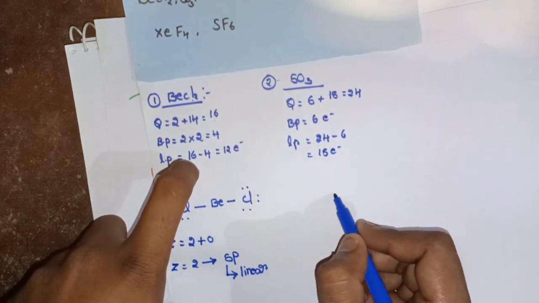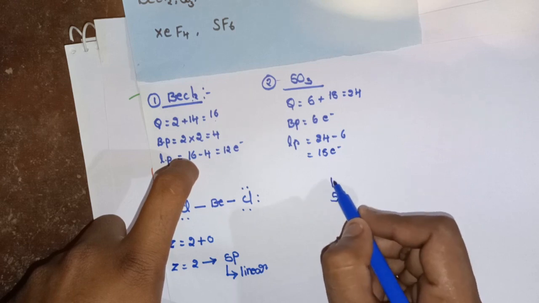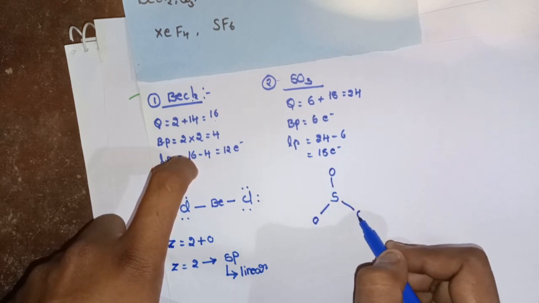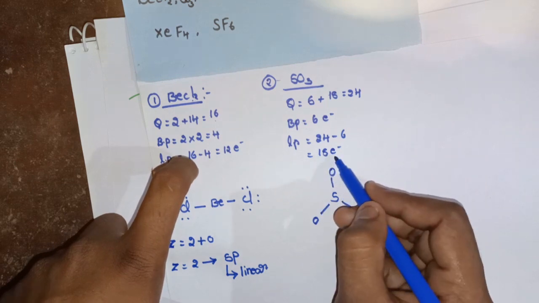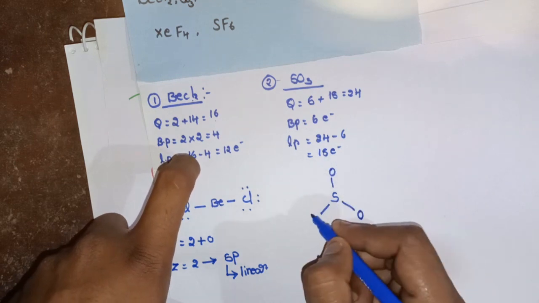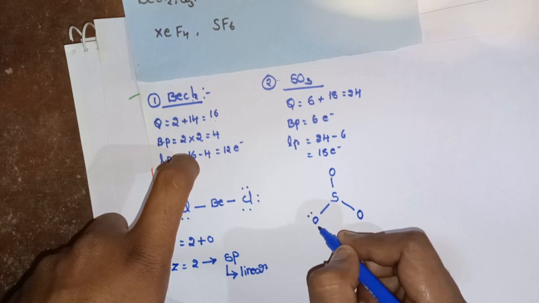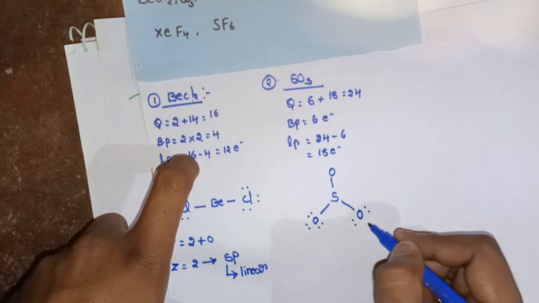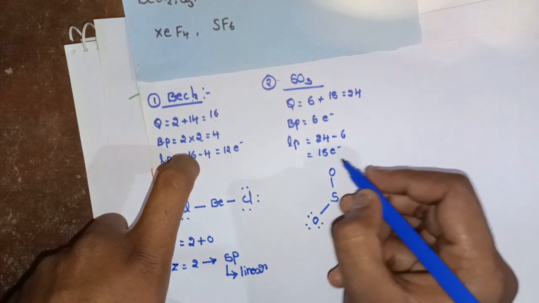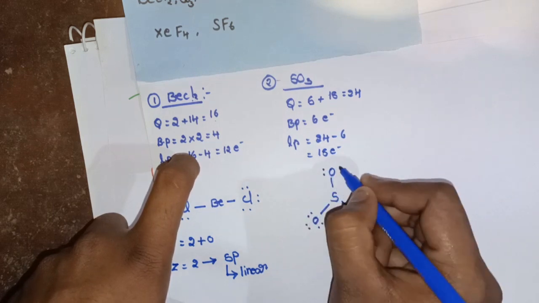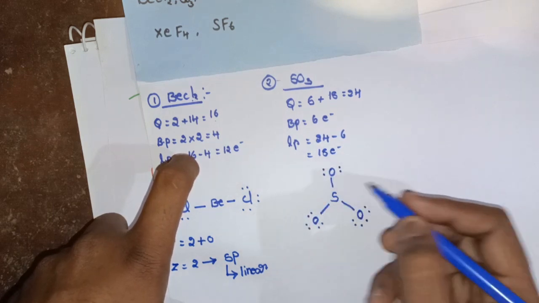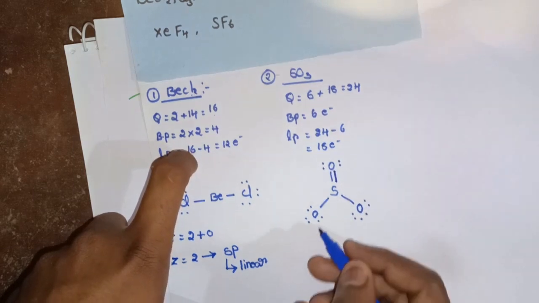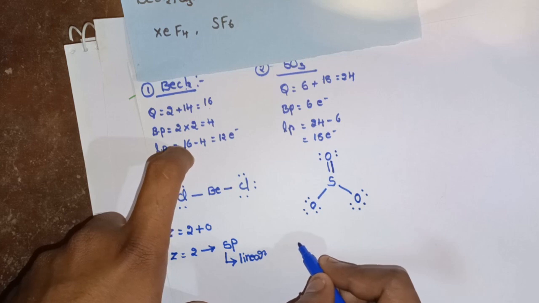Let's draw the structure. We have to fill 18 electrons on the atoms: 2, 4, 6, 8, 10, 12, 14, 16 and 18. Okay, let's find out the hybridization.